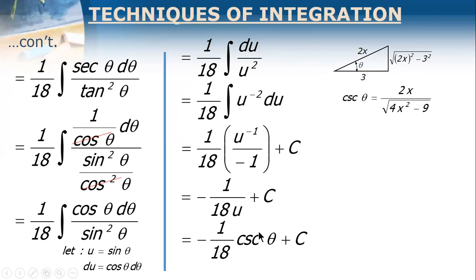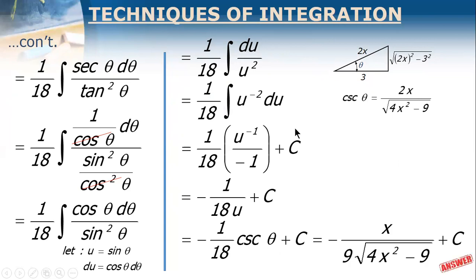So let's substitute this in the final expression. 2 times 1 over 18 becomes 1 over 9. This is the final answer: negative x over 9 square root of 4x squared minus 9 plus c.